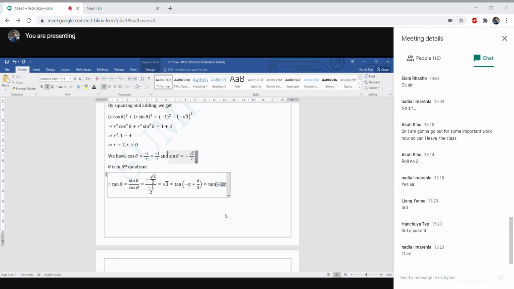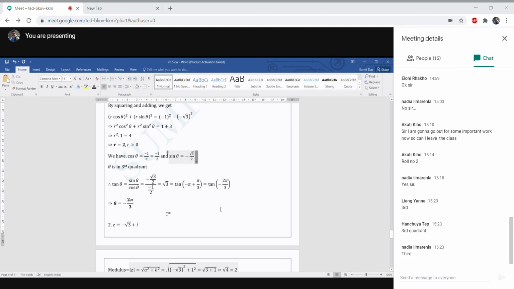It will be pi by 3, and therefore theta is equal to minus 2 pi by 3. So this is the value we needed for questions number 1 and 2.